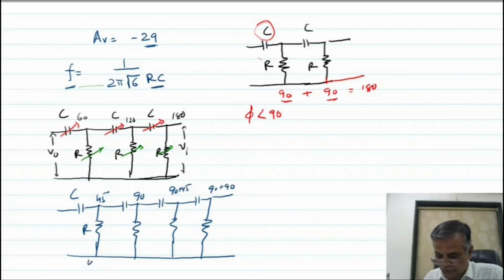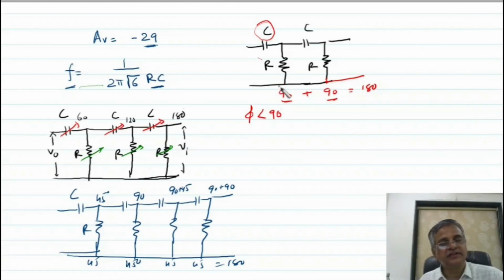So this produces 45, this also produces 45, this also produces 45, so the total will be 180 degree. You can use a 5 RC network or a 6 RC network, but you cannot use a 2 RC network. But generally we keep fewer components in a circuit, so we use a 3 RC network. I think you understand the working and derivation of the frequency of oscillation of an RC phase shift oscillator.